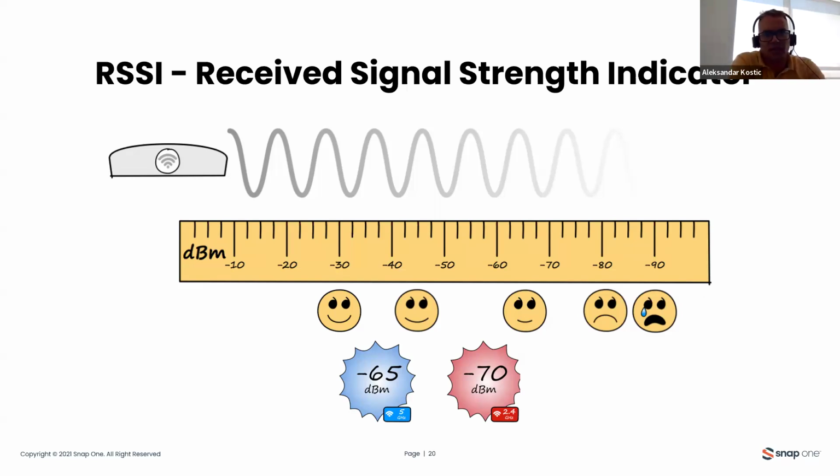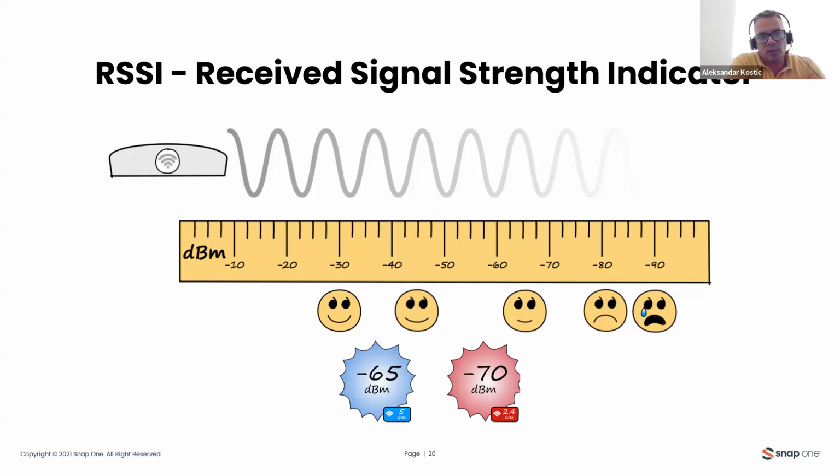It is always a negative value, which means the lower the number is, the better the signal is in that case. Everything above minus 65 dBm is good quality signal, providing reliable connection and high throughput.